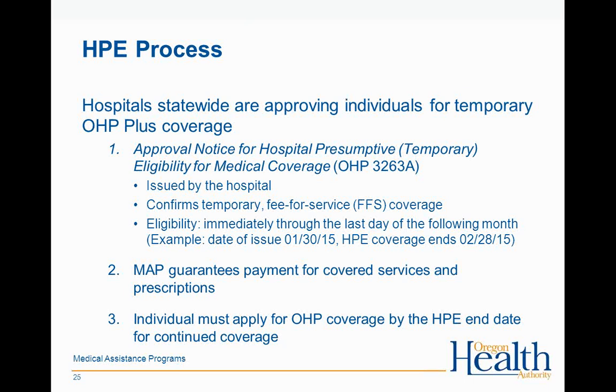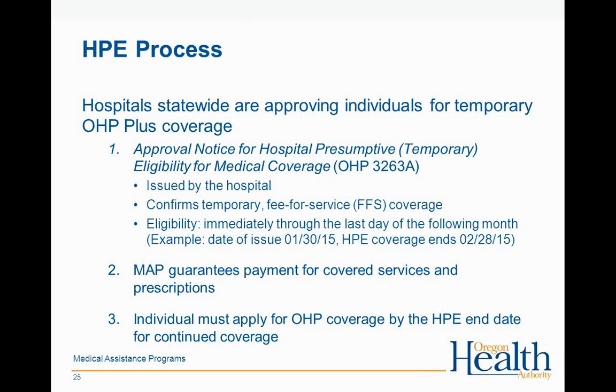So the example here and the example on the following page where I show an example of the letter itself: if the date of issue is January 30th of 2015, then that HPE coverage ends on February 28th of 2015. This doesn't necessarily mean that OHP coverage will end, but according to the letter it ends, and if that person does not apply for OHP coverage in order for that coverage to continue after that end date, then their coverage will stop.